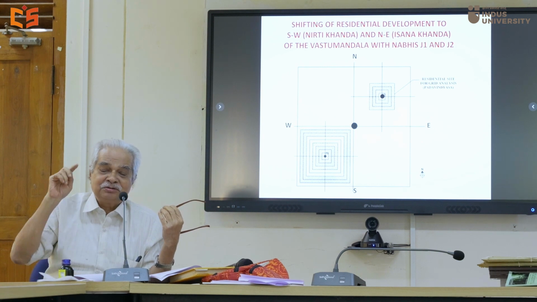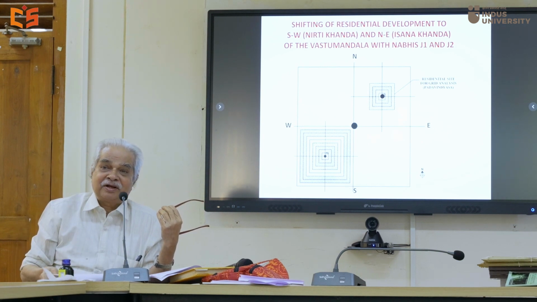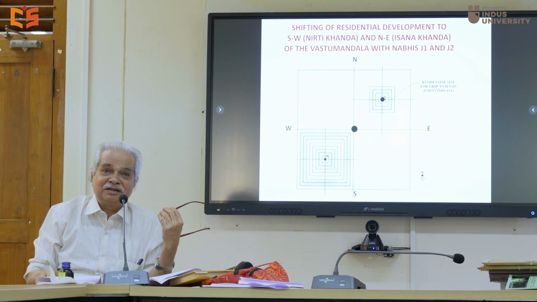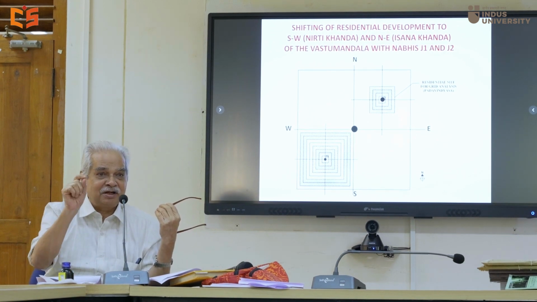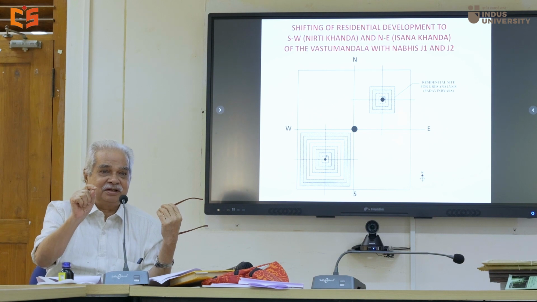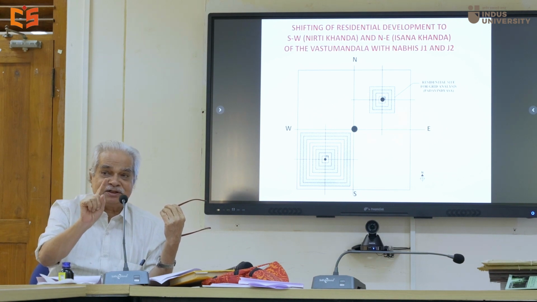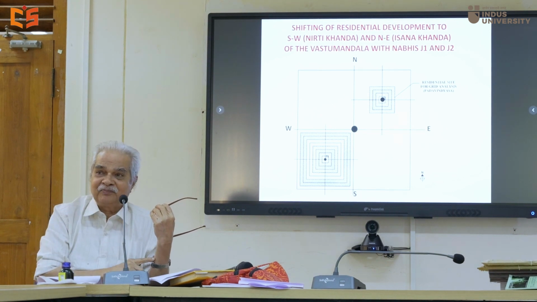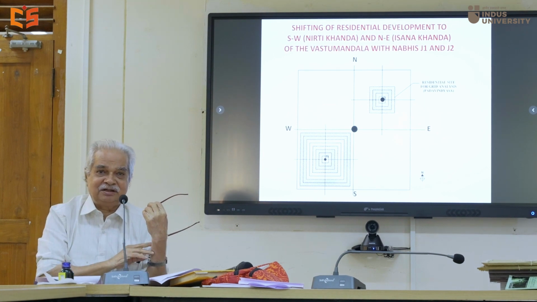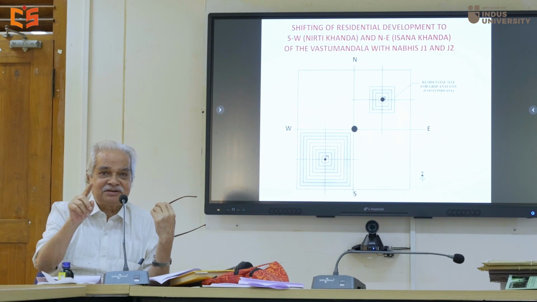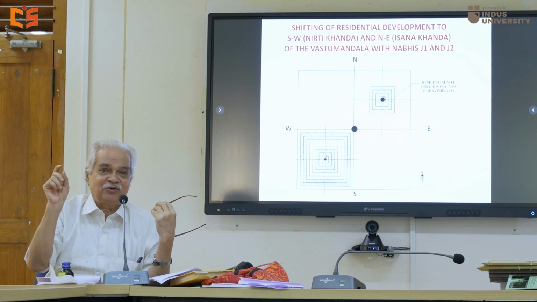Go back to Varahamihira's Brihat Samhita. There is a chapter on Vastu Vidya. It says that for Brahmanas, it should not exceed more than 32 by 32 hasta. For Kshatriyas, 28 hasta by 28 hasta. For Vaishyas, 24 hasta by 24 hasta.